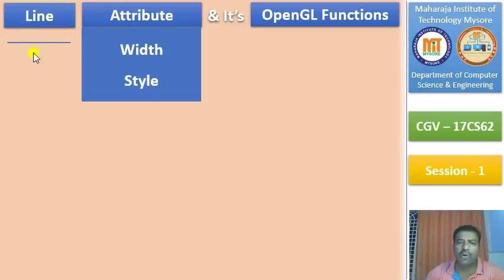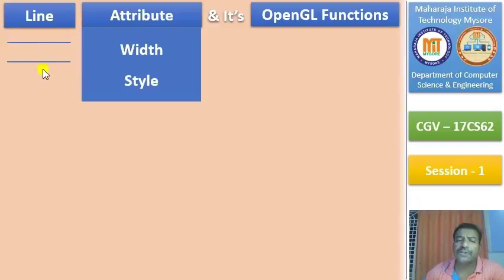Now, if I want to increase the width, one technique is to draw one more line, a parallel line, along with this line, which will make the line look thicker, or increase its thickness. Hence, one technique to increase the width is to draw a parallel line exactly 1 pixel down or 1 pixel up, either along the x-axis or the y-axis, depending upon which axis span you are going to use.